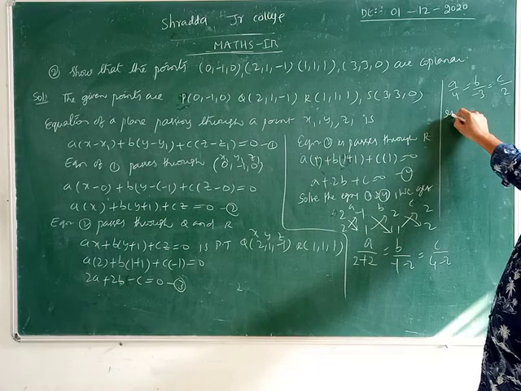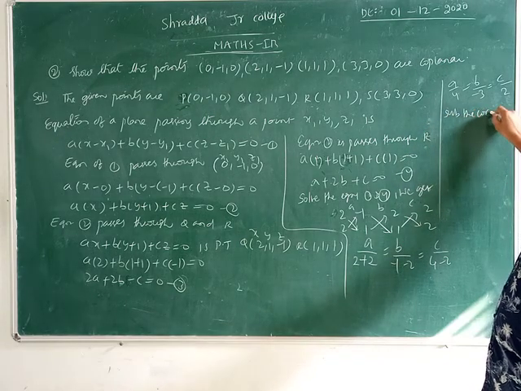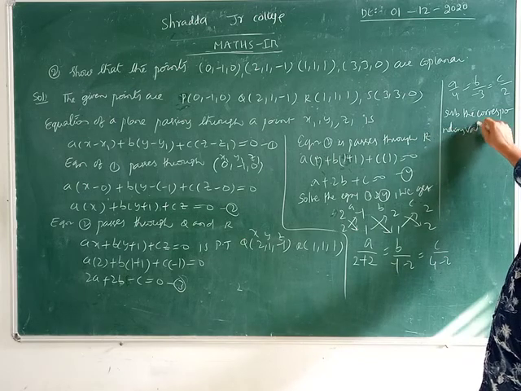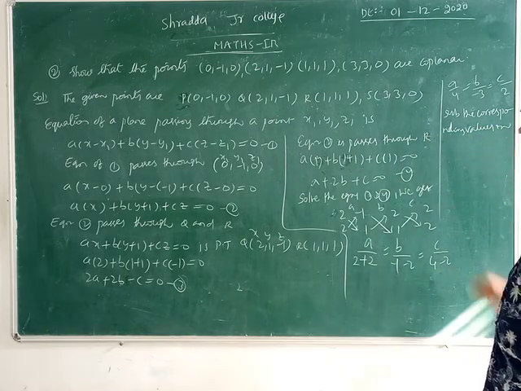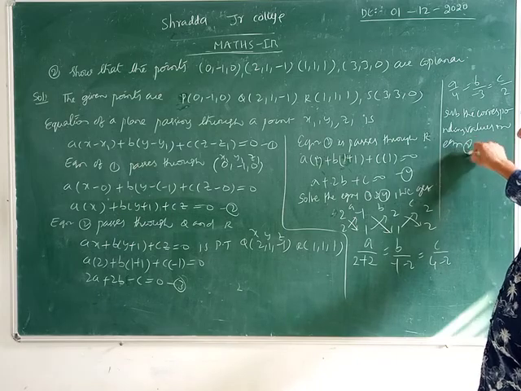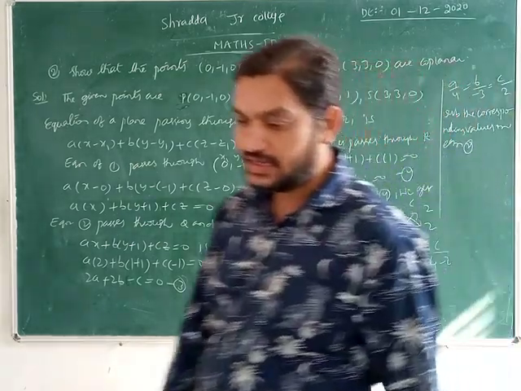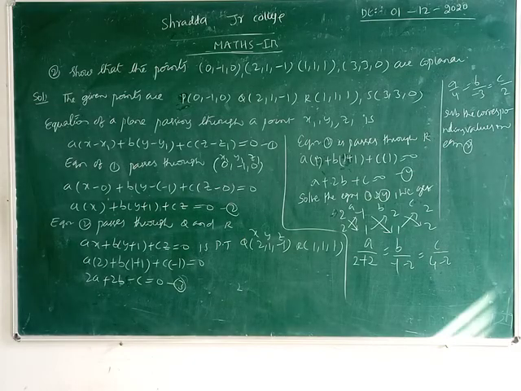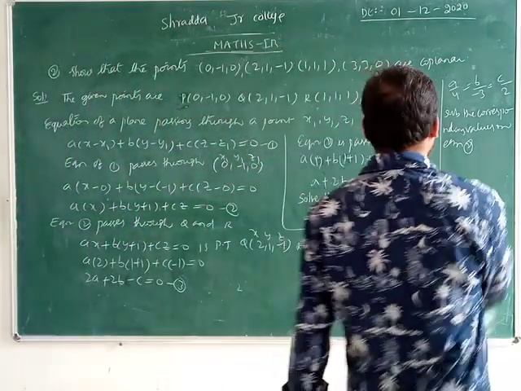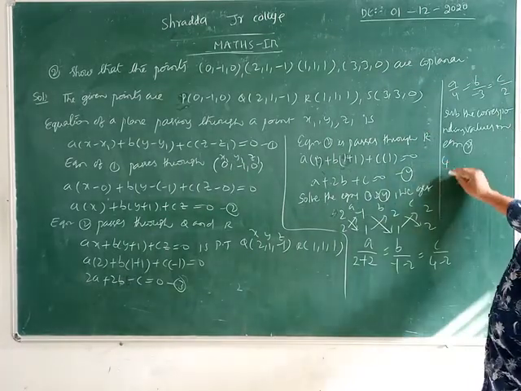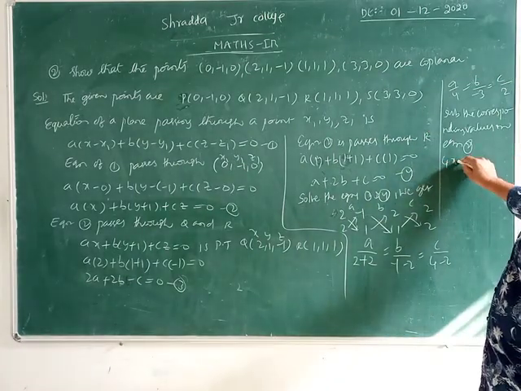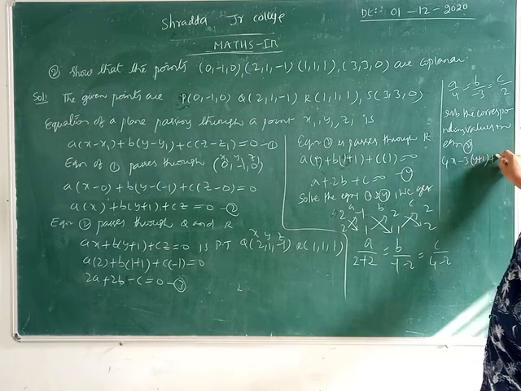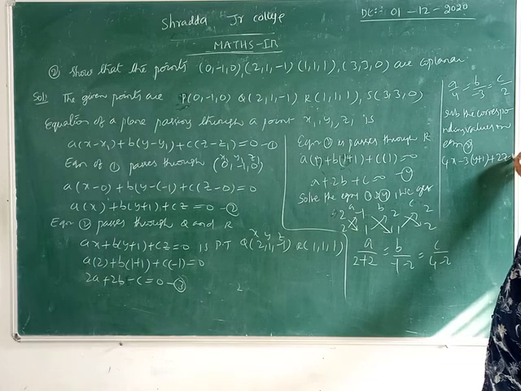Now substitute the corresponding values in equation 2. So what are we getting here? a is 4, into x, plus b is minus 3 into y plus 1, plus c, that is 2, into z equals 0.